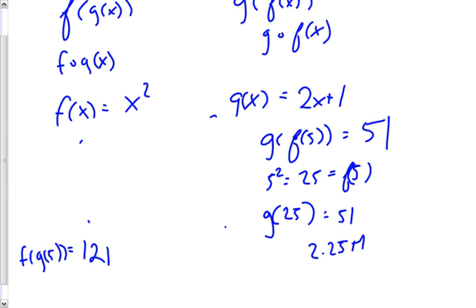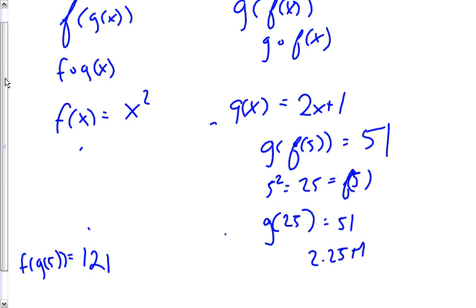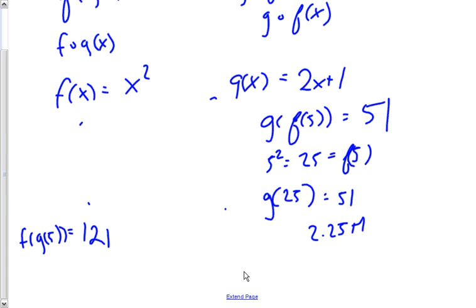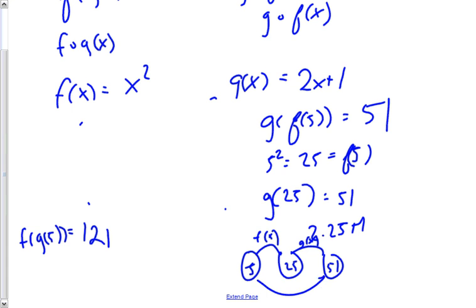Think of it like this. With the second one, we started with 5, applied f of x, or f of 5, and got our new number, which was 25. Then we took that and applied g of x, and got our new answer, which is 51. That whole thing is the composition.